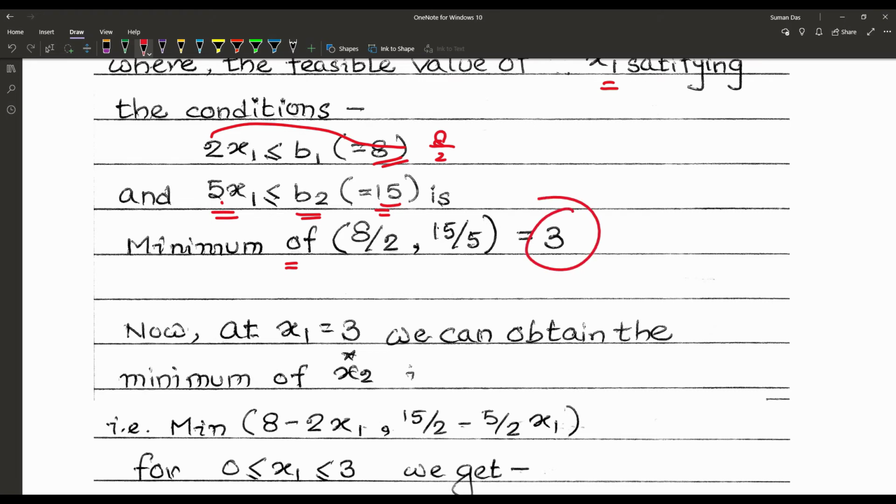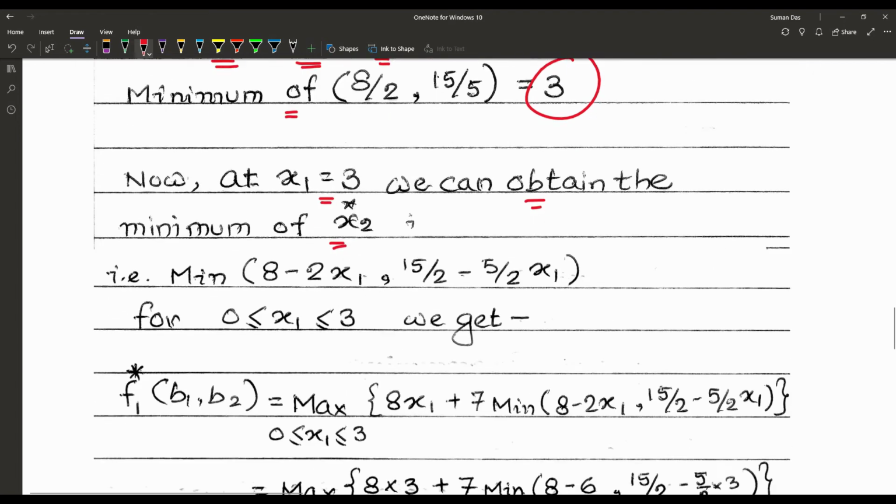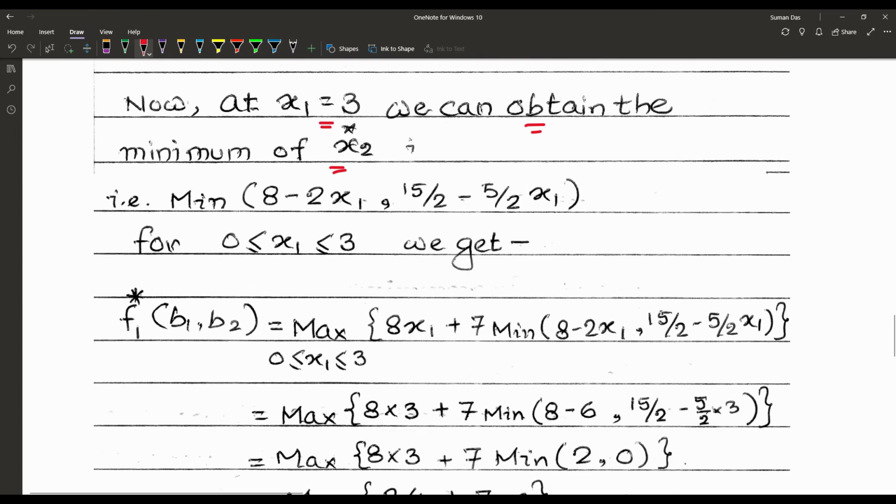Now at x1 equal to 3, we can obtain the minimum of x2 star, that is the minimum of 8 minus 2x1 comma 15 by 2 minus 5 by 2 of x1, for x1 belonging to the closed interval 0 to 3, because we already have x1 equal to 3.